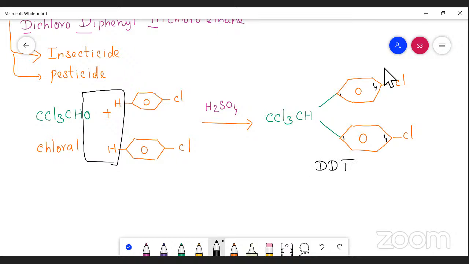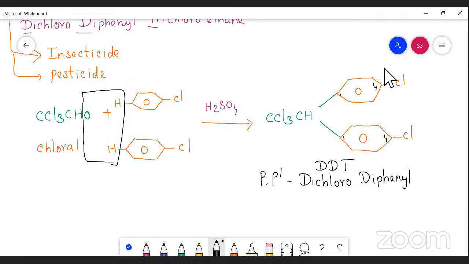So what is the name? It is para. Why is it para? One chlorine is attached to the fourth position; 1,4 position is called para. So para-dichloro, diphenyl.